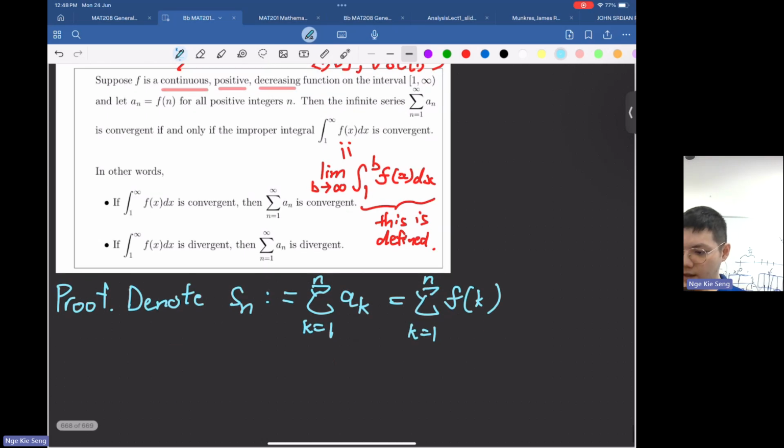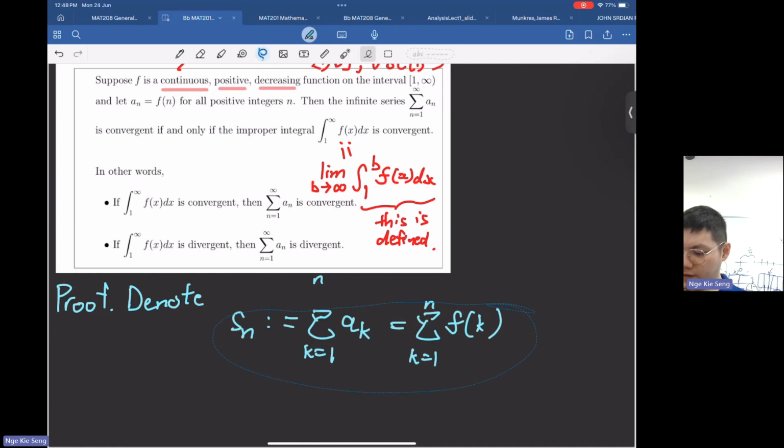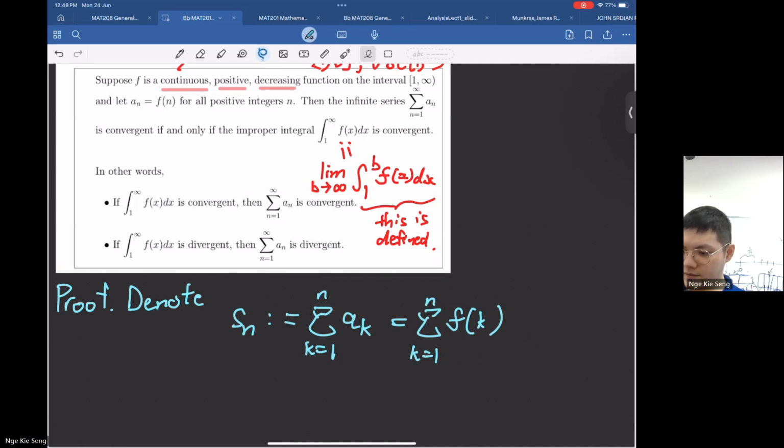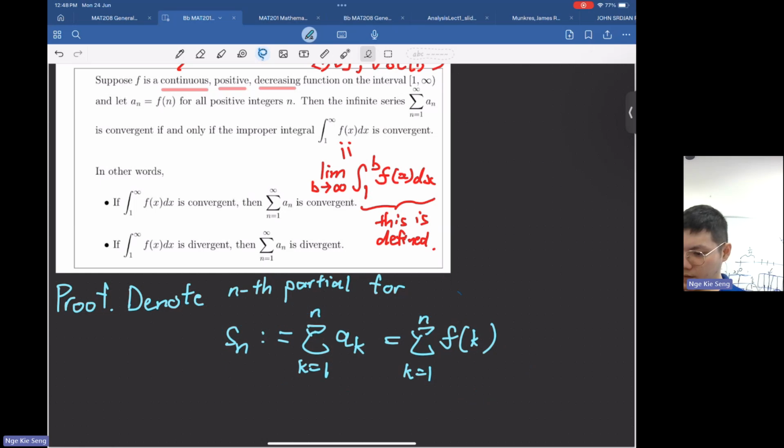So this is the n-th partial sum of the infinite series of a_k. And like what I said just now, how do we realize this sum as an upper sum?